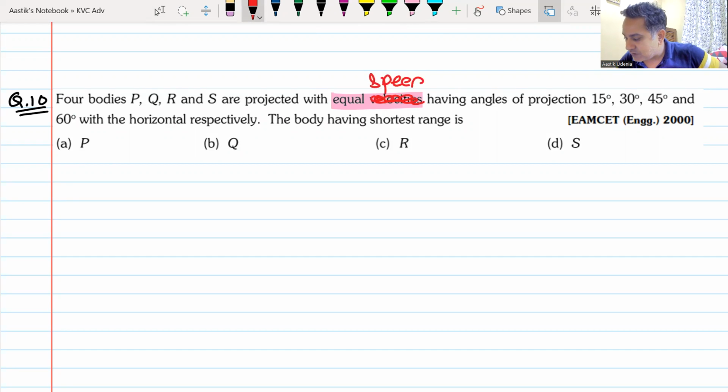So the magnitude of velocity is same, but the angles of projection are 15, 30, 45, and 60 degrees with the horizontal respectively. The body which has the shortest range is which one? 15 degree, 30 degree, 45 degree, 60 degree. I'll give you 2 minutes to think about this.